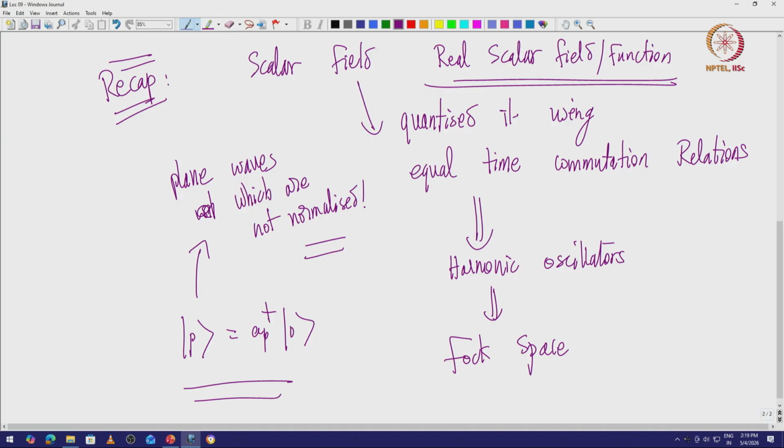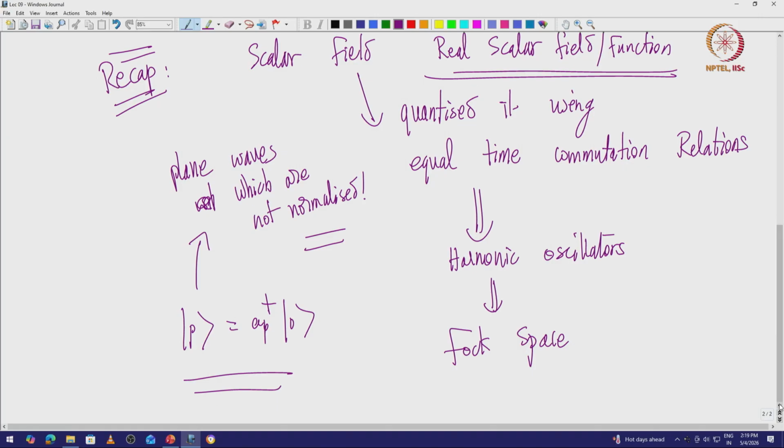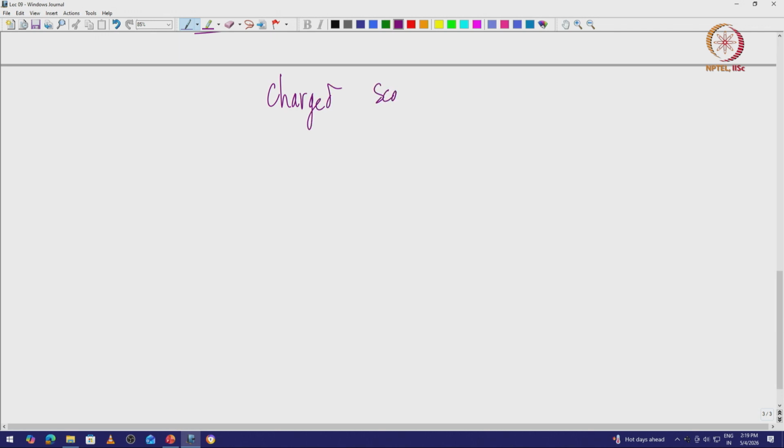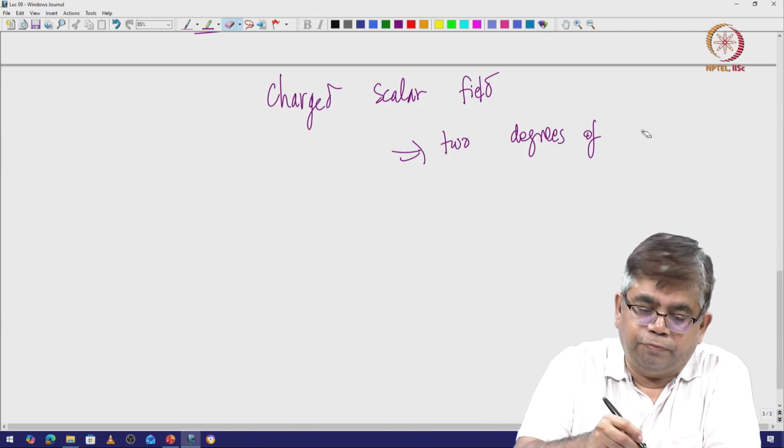Then after doing everything for a real scalar field and getting the particle picture, we went to a charged scalar field, which has 2 degrees of freedom.